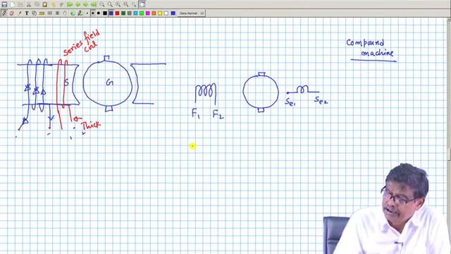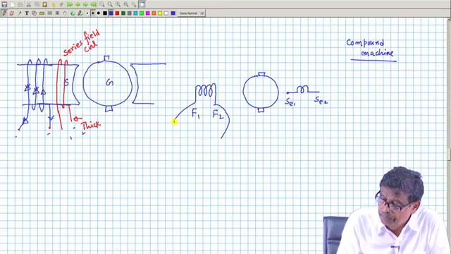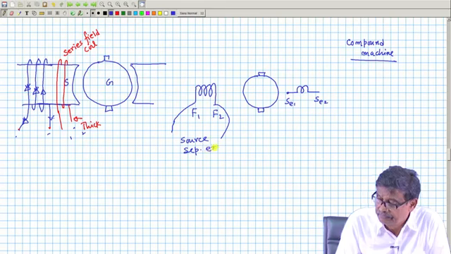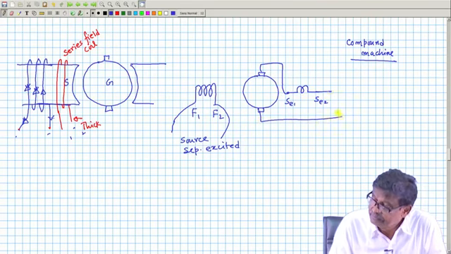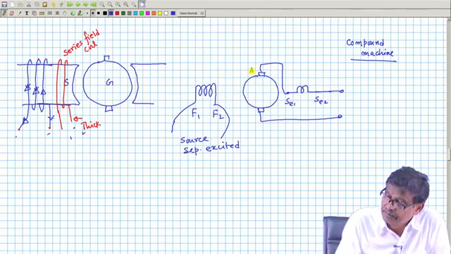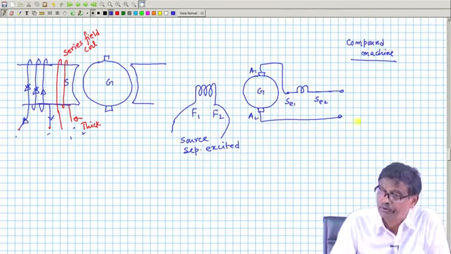If it is a separately excited machine, excite it from a separate source, or and the armature winding you connect it like this. This is A1, A2. If it is generating, then connect your load.